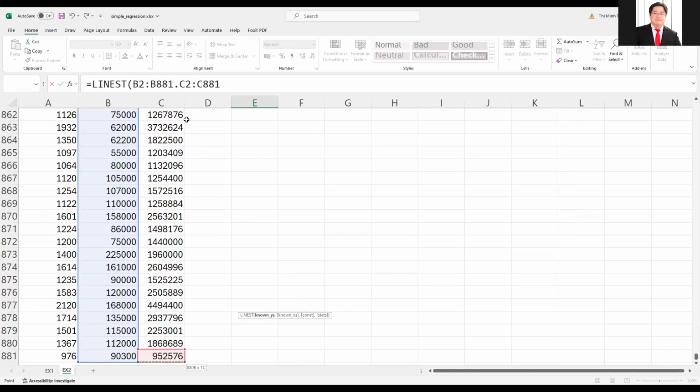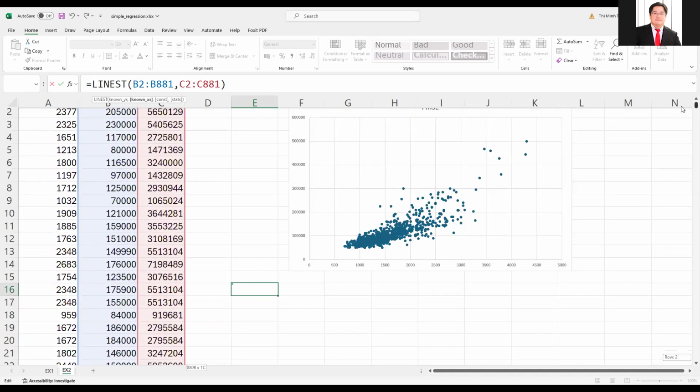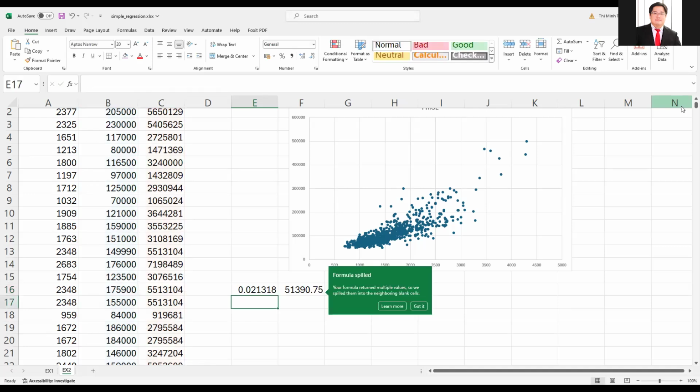Okay, then enter, and then it becomes numbers. What does this mean?